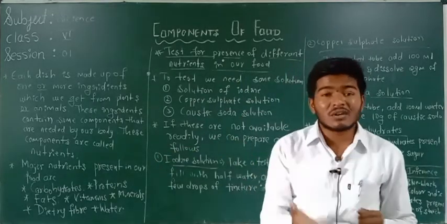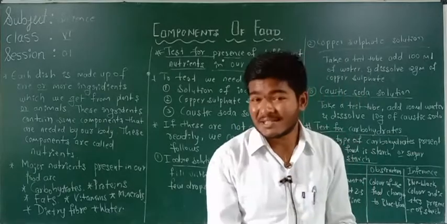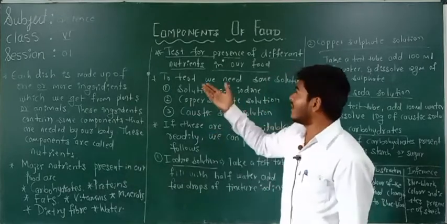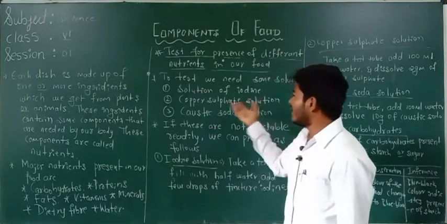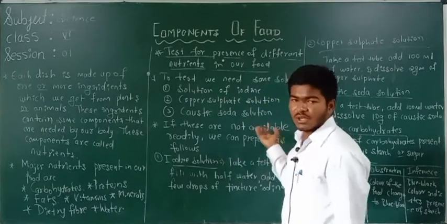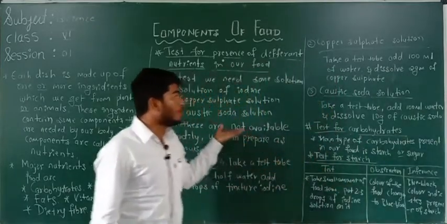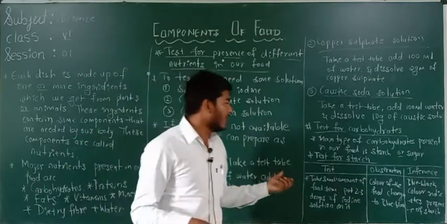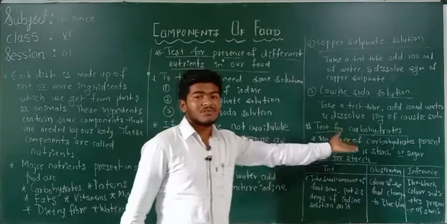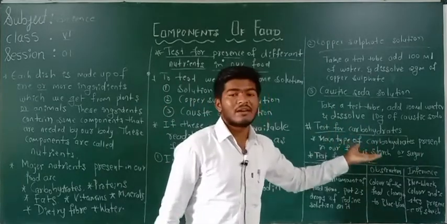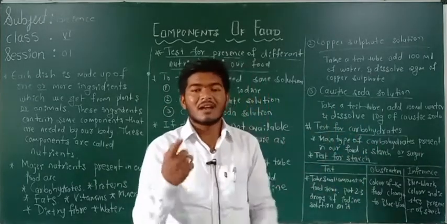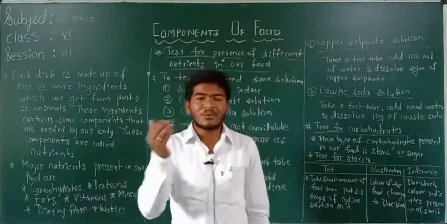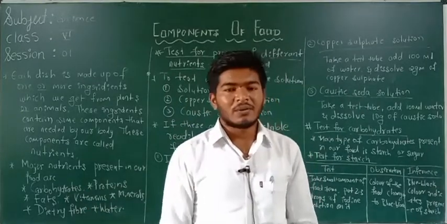The major solutions we require are the solution of iodine, copper sulfate solution, and caustic soda solution, and we also know how to prepare these solutions if they are not readily available at home. We also studied one experiment to test for starch, or carbohydrates, present in our food. In the next class we are going to study the test for proteins, to see whether proteins are present in our food or not. Okay, thank you.